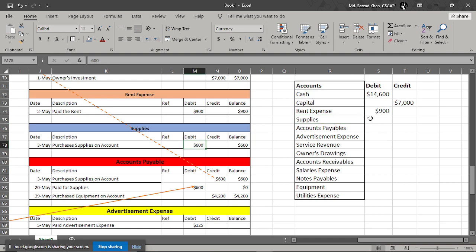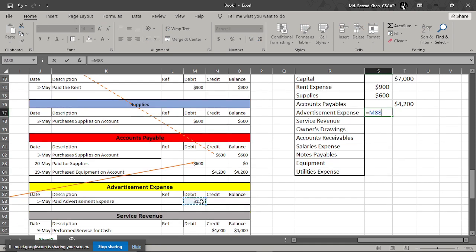Supplies will be in debit also. Accounts payable, what happened to the accounts payable? It will be in credit. We have a credit balance, right? Advertisement will be in debit, all right.